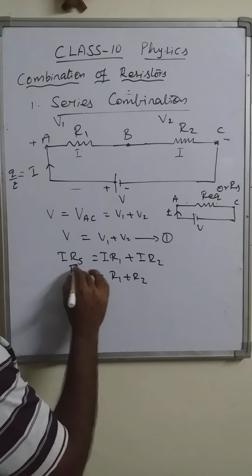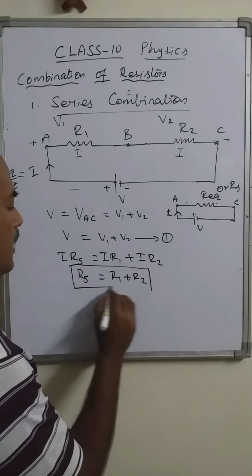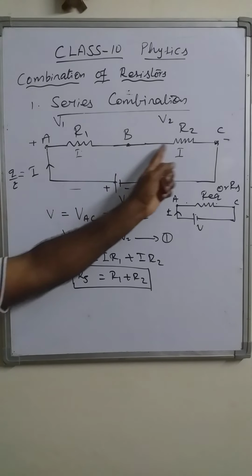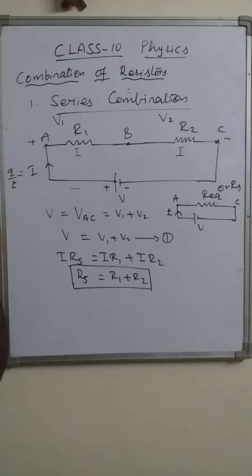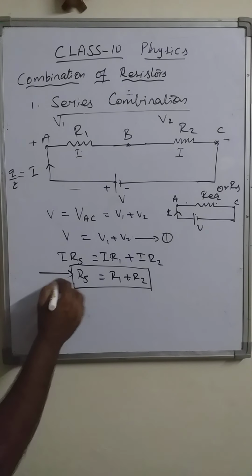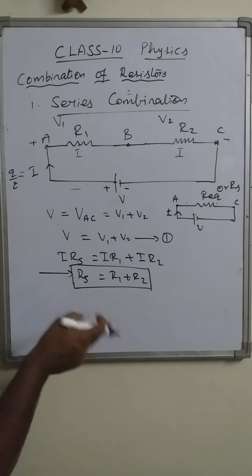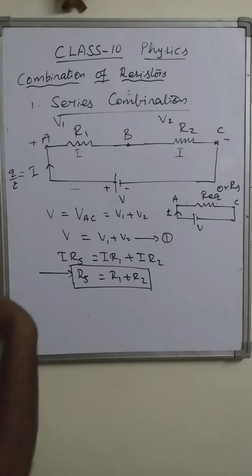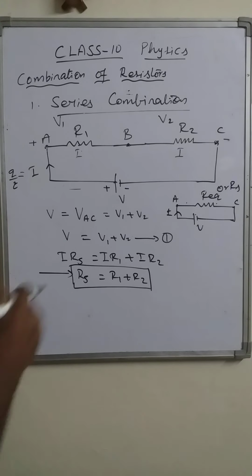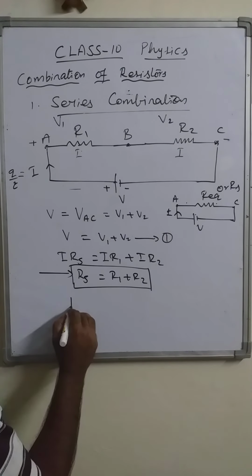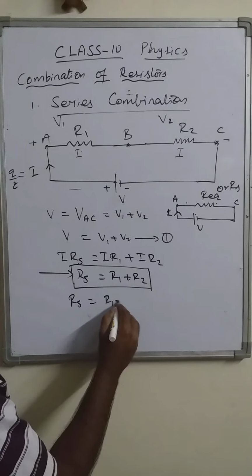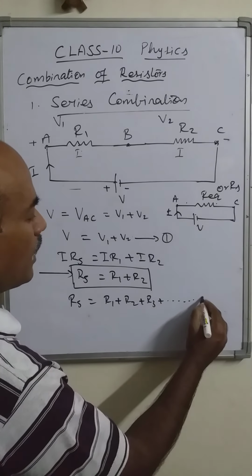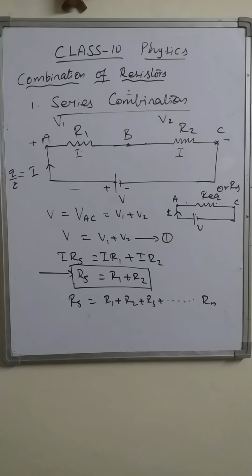This is the equivalent resistance in series combination. It means if a number of resistors are connected in series, the equivalent resistance is equal to the algebraic sum of all the resistances. If n resistors are connected, Rs equal to R1 plus R2 plus R3 plus up to Rn.